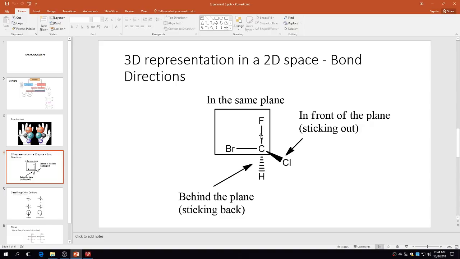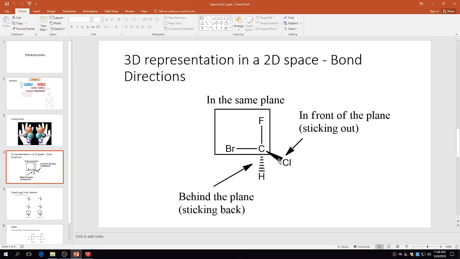In this case, in the plane of the screen you're looking at. Okay, so this means in the plane. This dashed thing here means sticking back, sticking away from you. And the wedge, the darkened in one, means sticking out or in front of the plane.